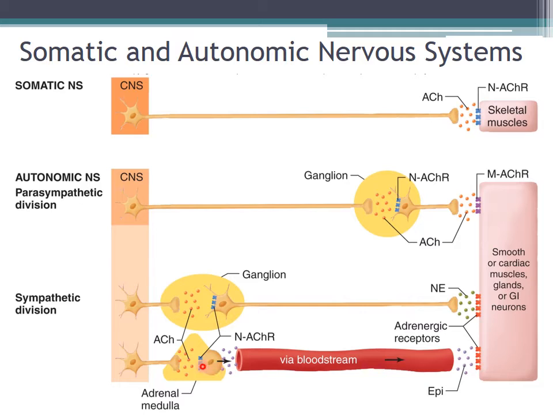These chromaffin cells, when they're stimulated by this preganglionic neuron from the sympathetic nervous system, instead of releasing a neurotransmitter, release a hormone into the bloodstream. This hormone is called epinephrine. Remember that the common name for epinephrine is adrenaline.